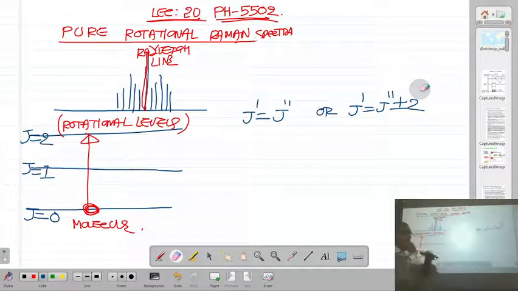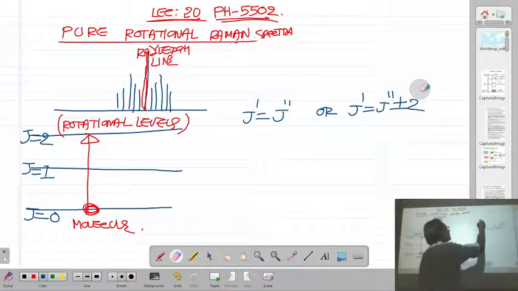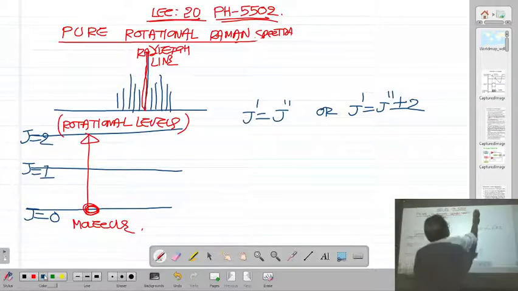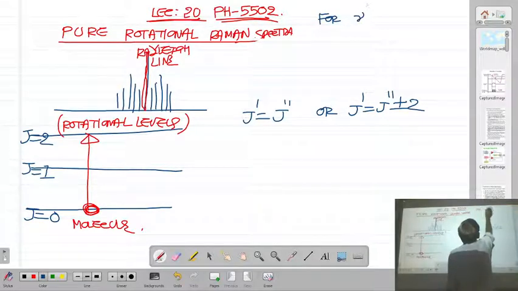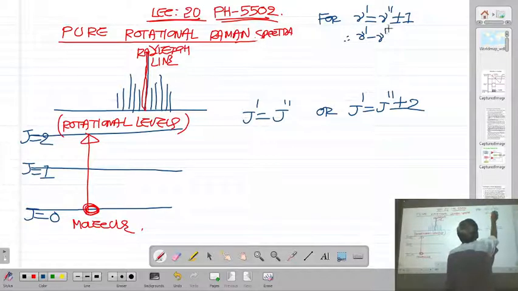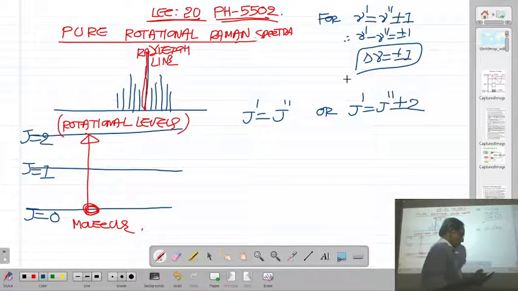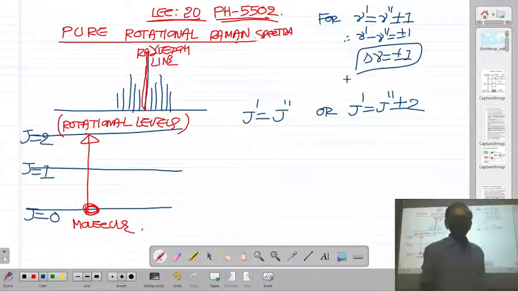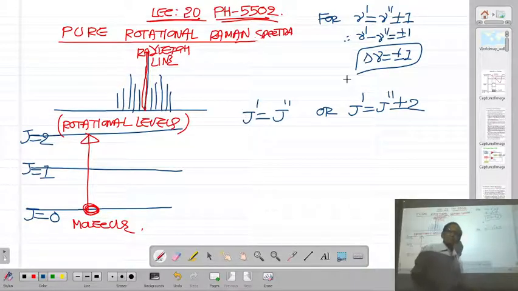If you remember, in case of vibrational transitions, the matrix element was not equal to 0 for mu' equal to mu'' plus or minus 1. For this value of mu', in case of vibrational transitions, we have calculated the matrix element of dipole moment.